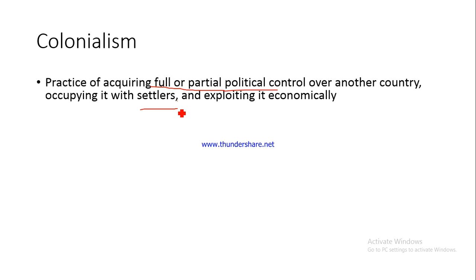Now let me give you an example of what happened in case of India. India was colonized by Britishers. Now please understand that the Britishers made their colonies here in India, and they settled their people here in India. Not only this, they acquired initially only partial political control of the country, but slowly and gradually they were able to extend their political control over the whole of India.